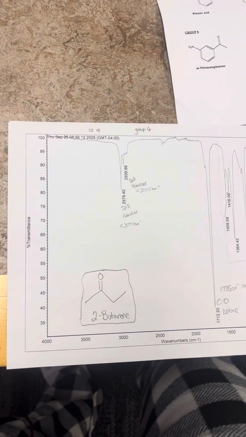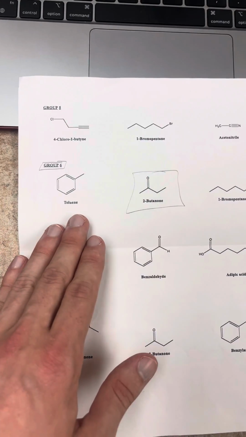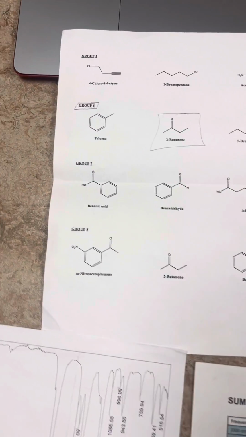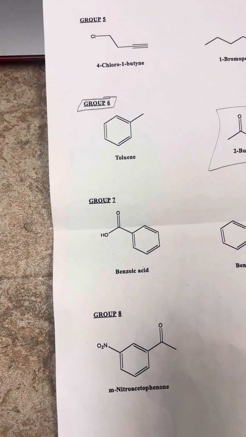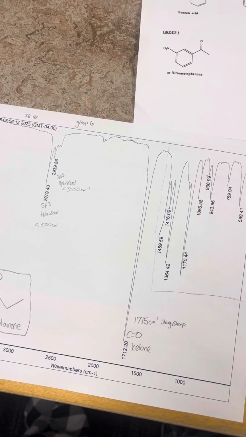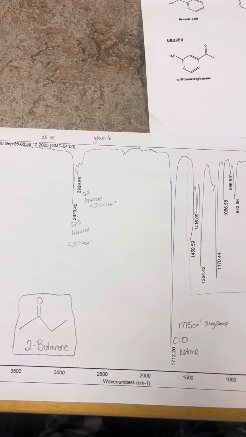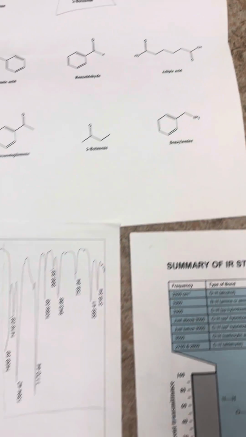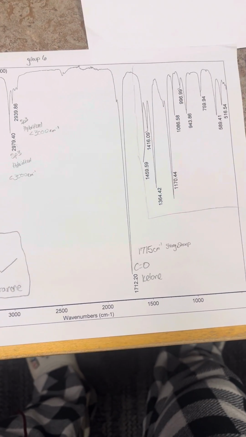So next we're going to go through the elimination of why it wouldn't be either of these two compounds. So first, it is not going to be toluene because it does not have an aromatic ring. The peaks do not indicate this. And then it is not going to be bromopentene because of the lack of peaks that it shows.